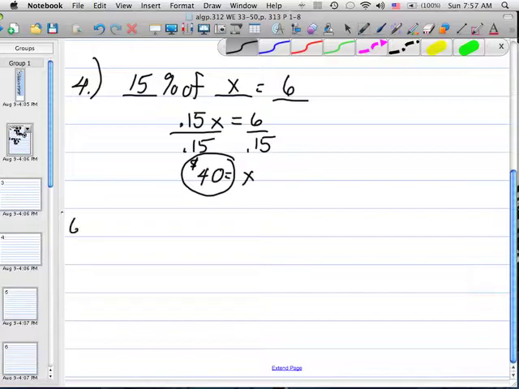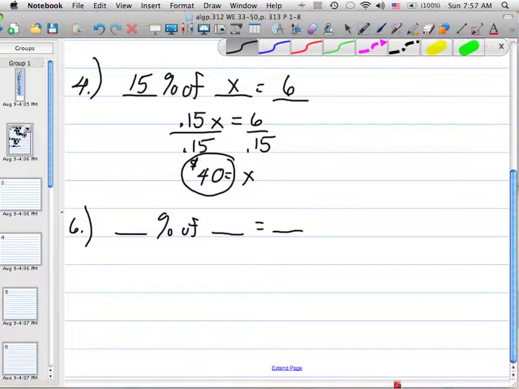Problem number 6. Set up the standard form for a percent word problem. It says last year Molly was given a 3% bonus on her regular yearly salary. The bonus amounted to $720. What was her regular yearly salary? So we know she was given a 3% bonus. We know the bonus is part of her salary.